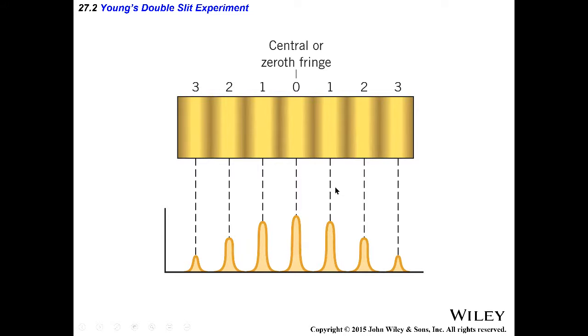And now there's the central or the zeroth fringe. Then you have the first fringe away from the center. And you can see the intensity goes down a little. Because why? You are further away from my actual original source. All right?